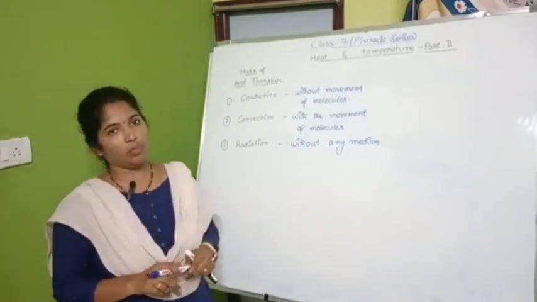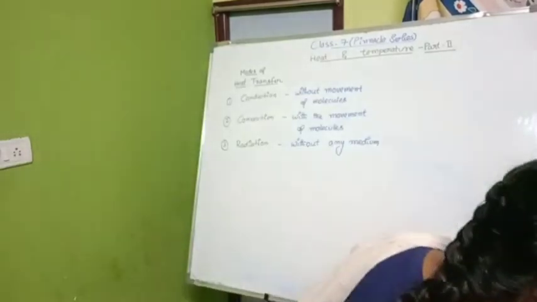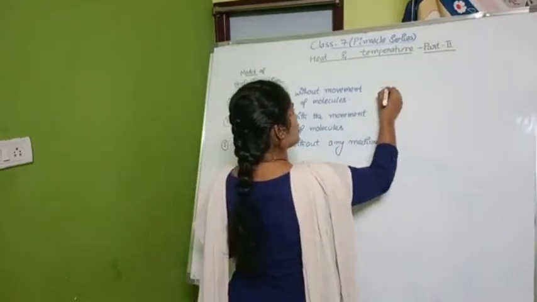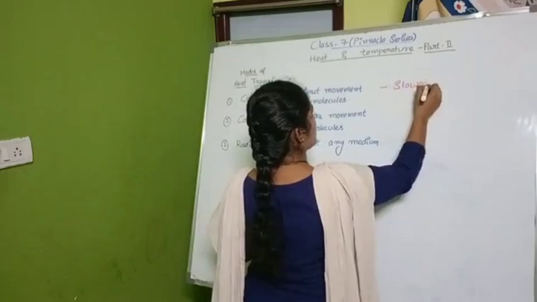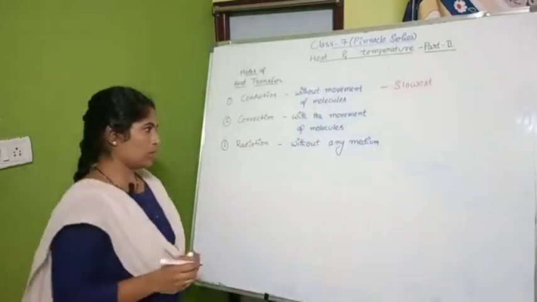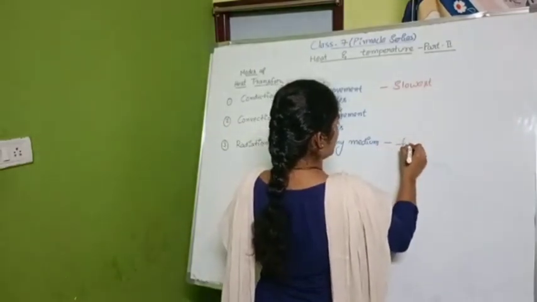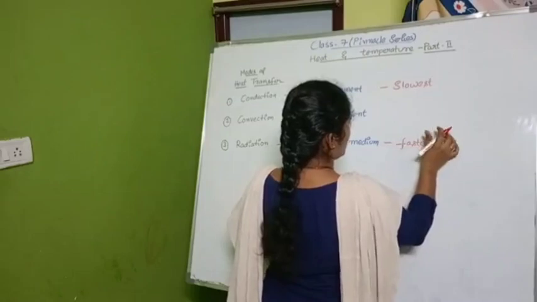Among these three modes of heat transfer, conduction is the slowest method. The transfer of heat is slow through the conduction process and very fast through radiation.